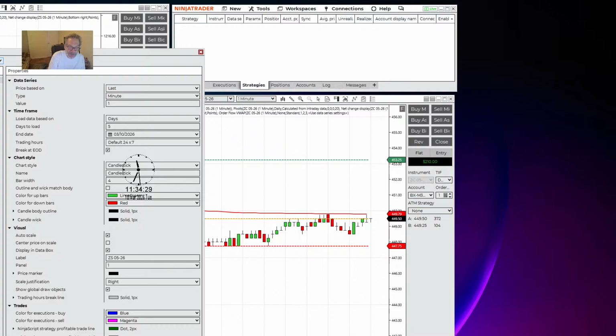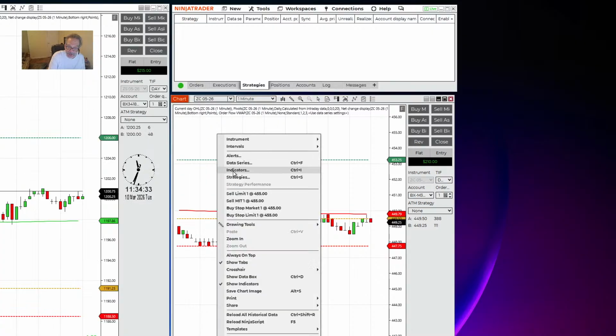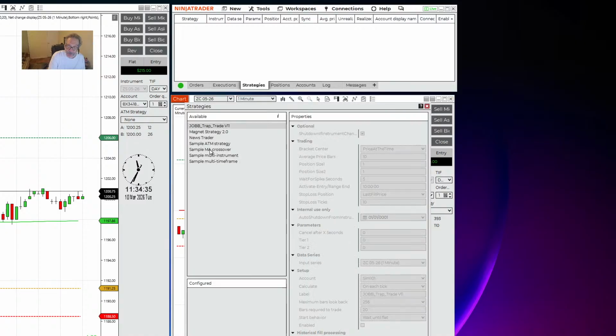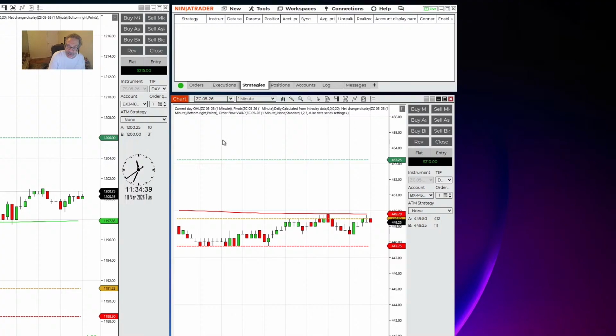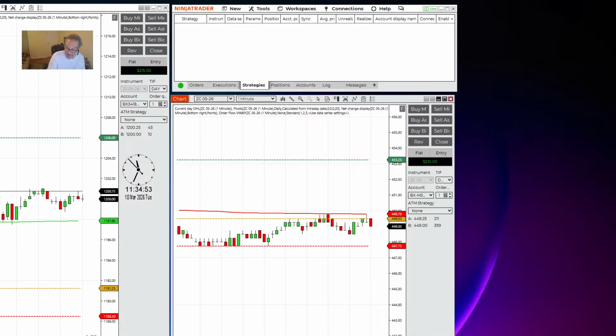Both charts. Default 24/7. Under time frame, trading hours, default 24/7. Don't have more than 3 days to 5 days of data loading.